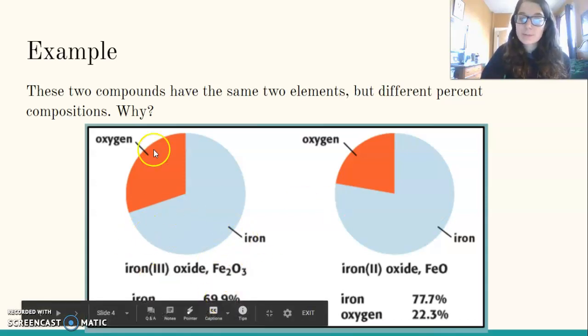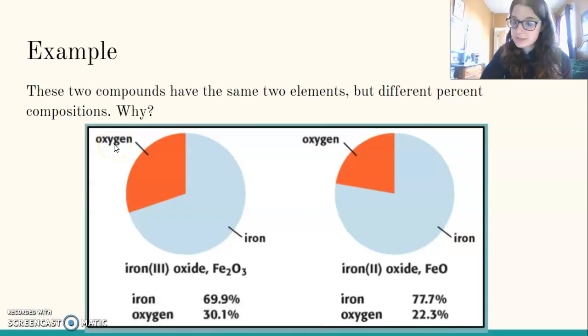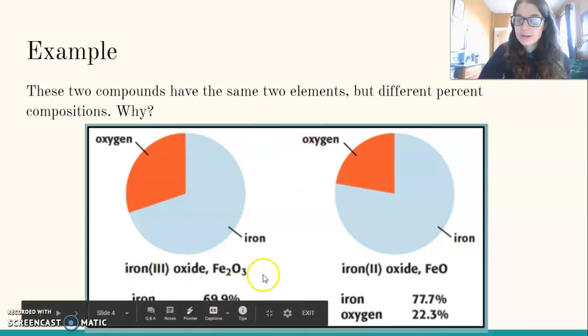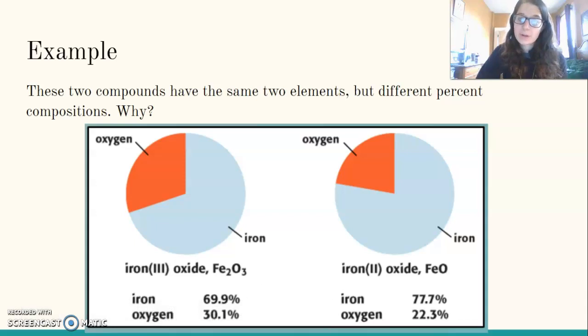That is why the percent by mass of oxygen in iron 3 oxide is greater than in iron 2 oxide. We have more atoms of oxygen in every molecule, and that means more mass to that molecule overall, making up a greater percentage of the mass of that molecule.